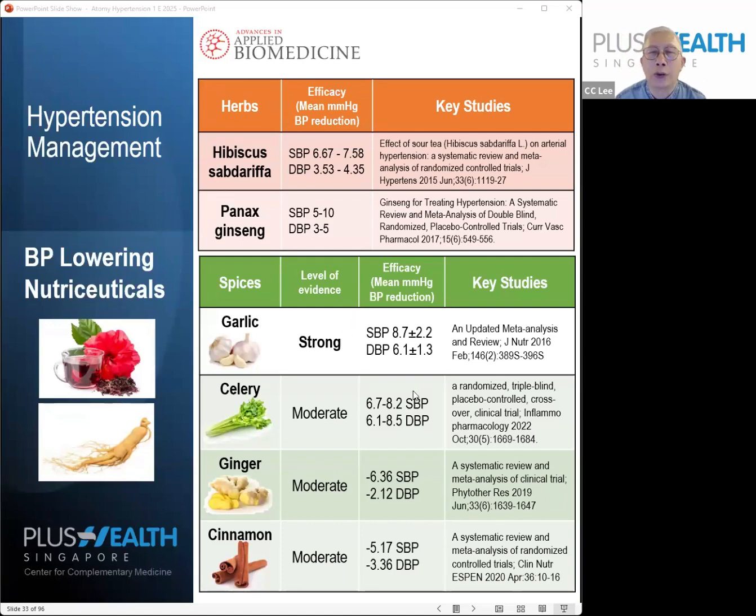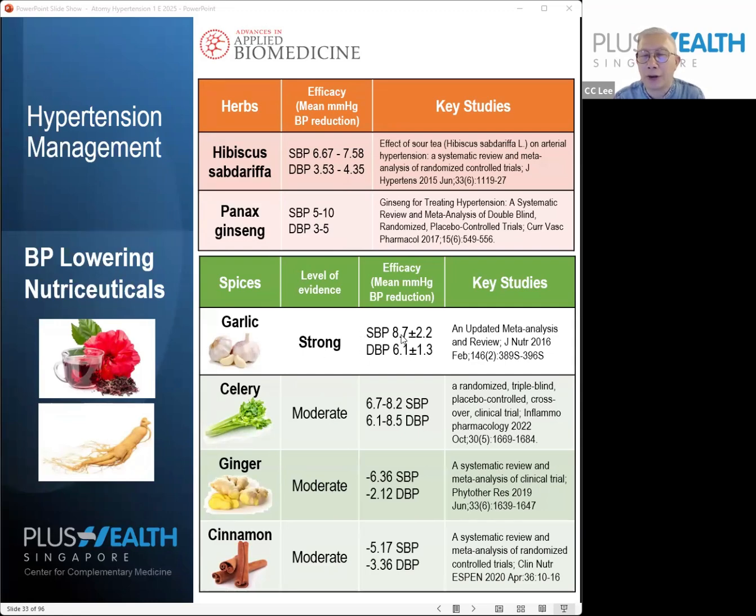But here I show you the efficacy of the herbs, both hibiscus as well as ginseng, in terms of reducing blood pressure. Also the spices. The spices are also listed in the order of potency. Garlic has a very strong potency in efficacy in reducing blood pressure.